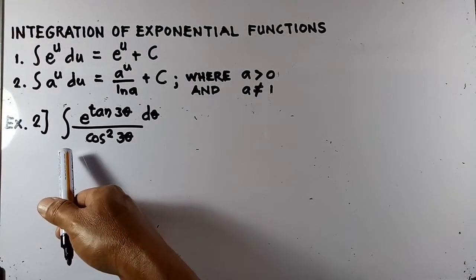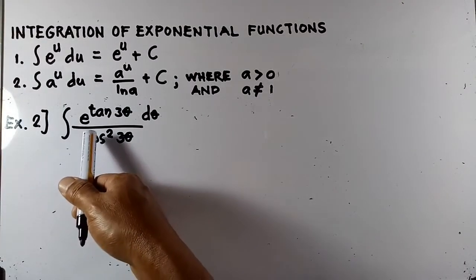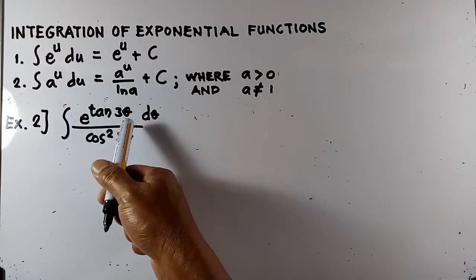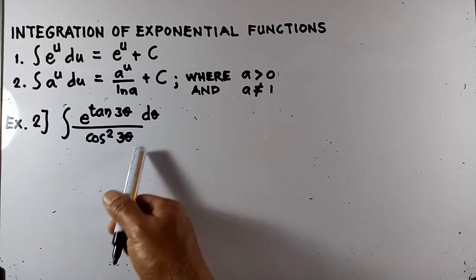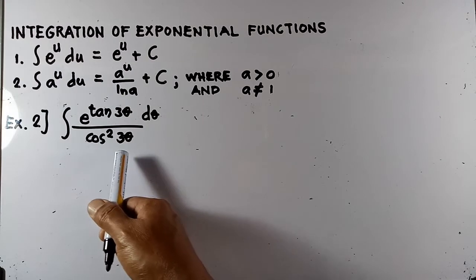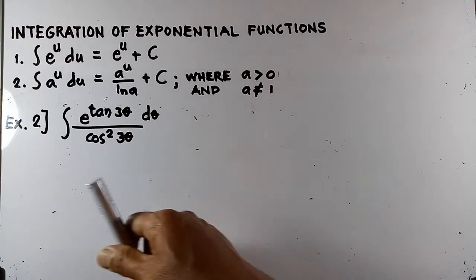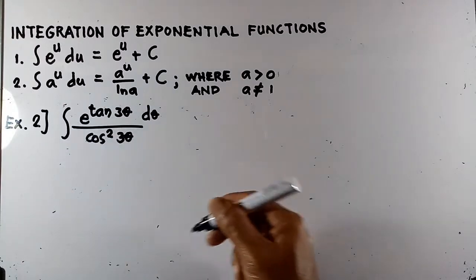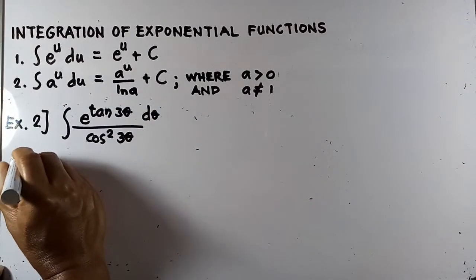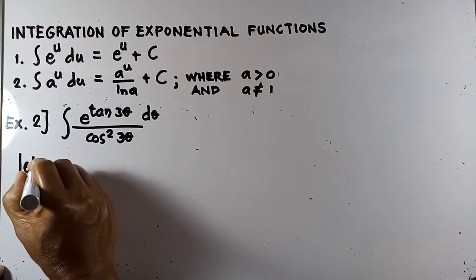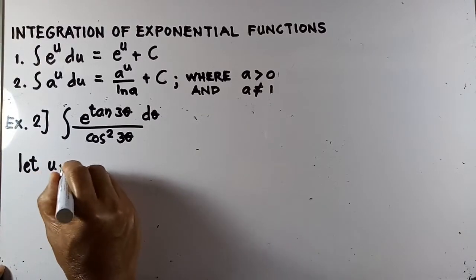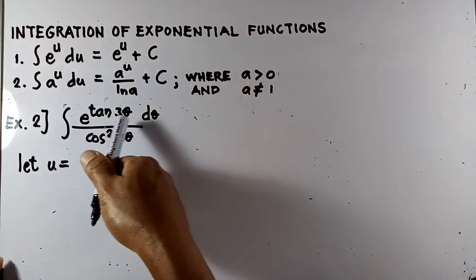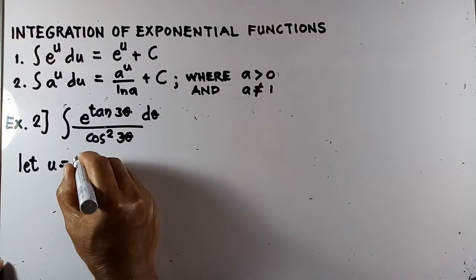Example number 2, meron tayong integral of e raised to tangent of 3 theta d theta divided by cosine squared of 3 theta. So let u be the exponent of e. So let u equals tangent of 3 theta.